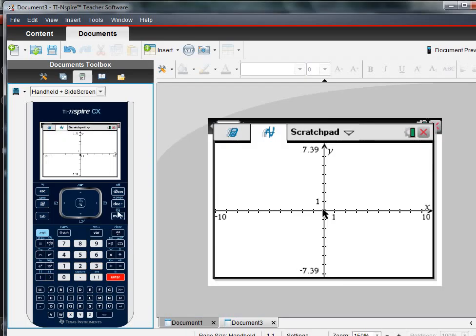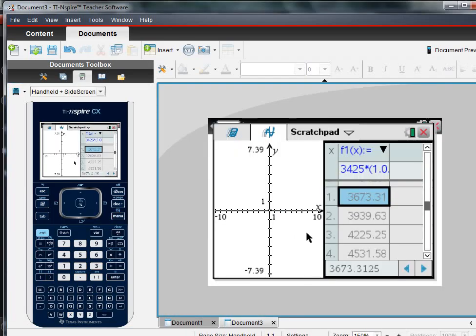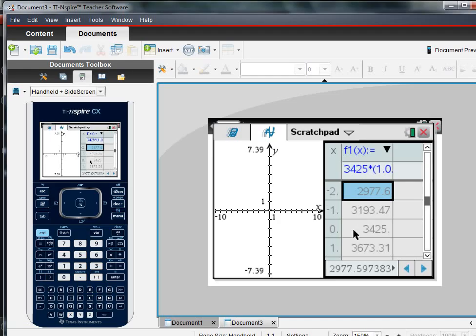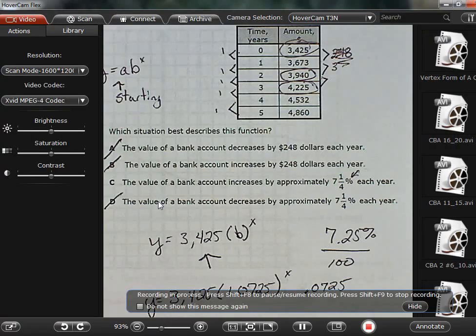I don't see it, but that's okay. I'll go to table, split screen. Well, it would help to have the right number, wouldn't it? Okay, there's 0, 1 matches up, 2 matches up, and 3 matches up. So C is correct.